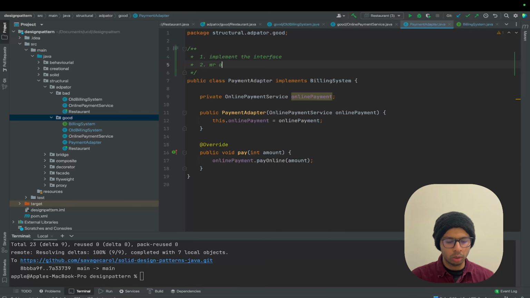The second step is we are going to make a variable of the incompatible service and pass it into the constructor.